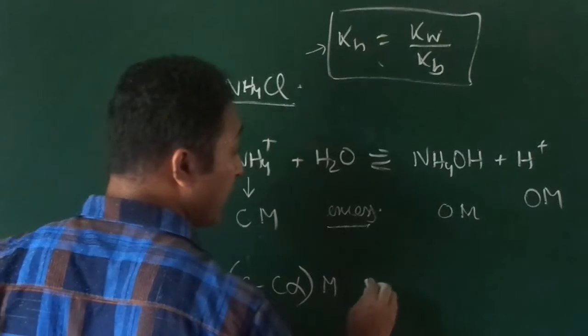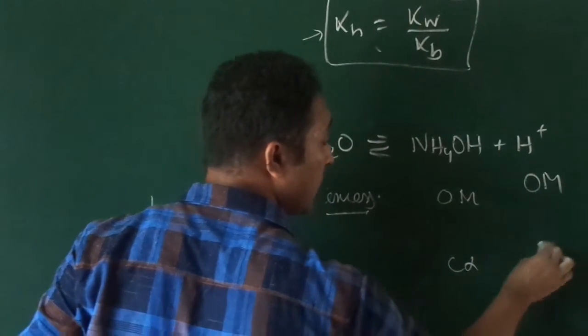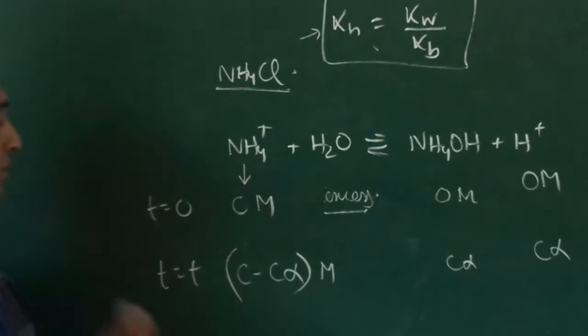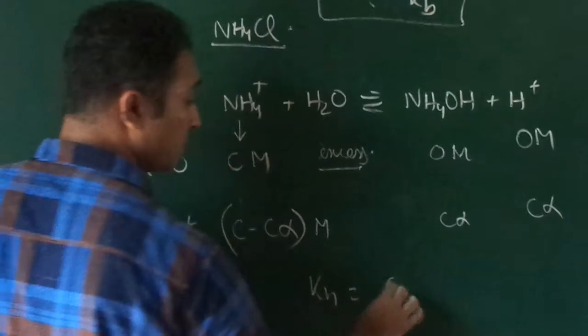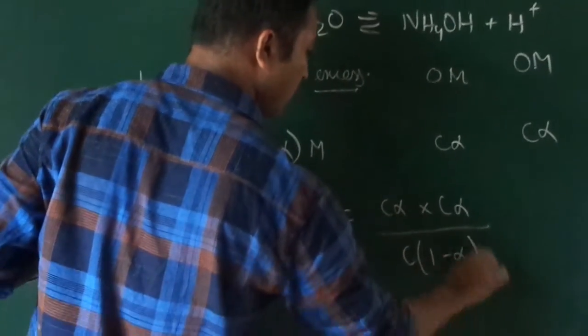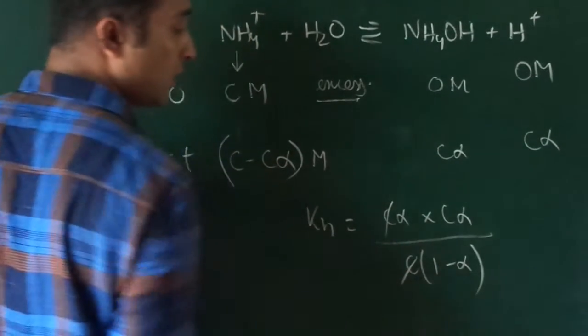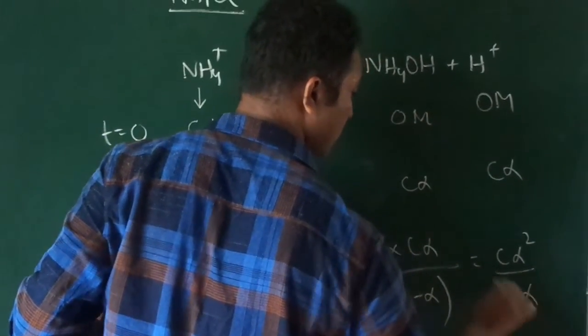Now I can easily get C alpha and then C alpha. Here Kh corresponds to C alpha into C alpha by C into 1 minus alpha. Now, students, you get C alpha square by 1 minus alpha, right?